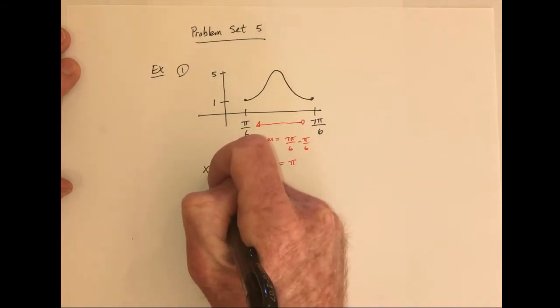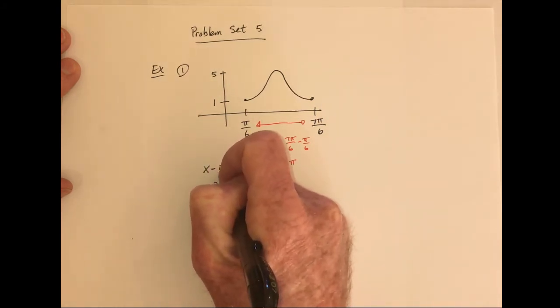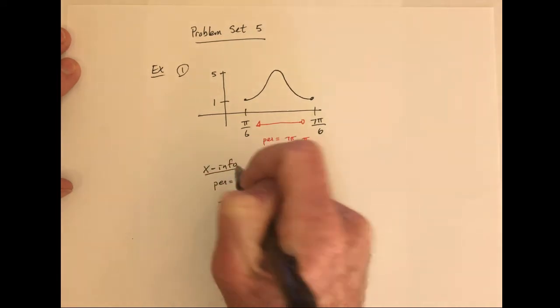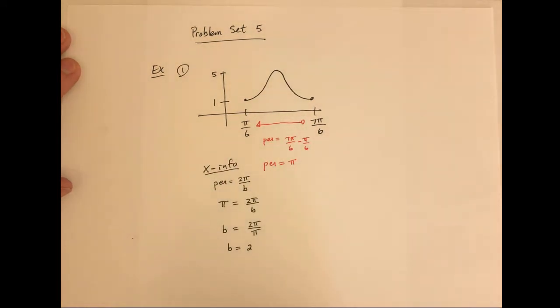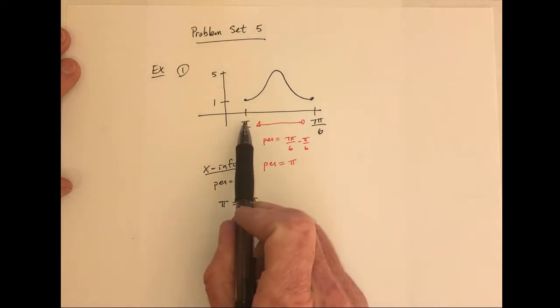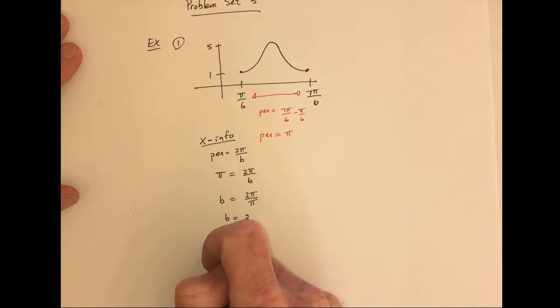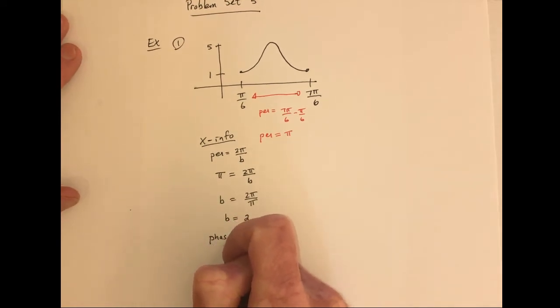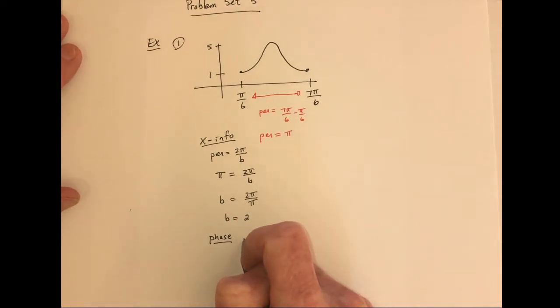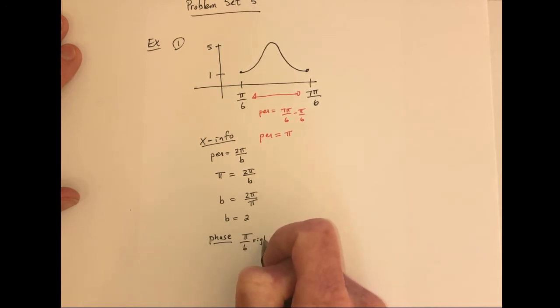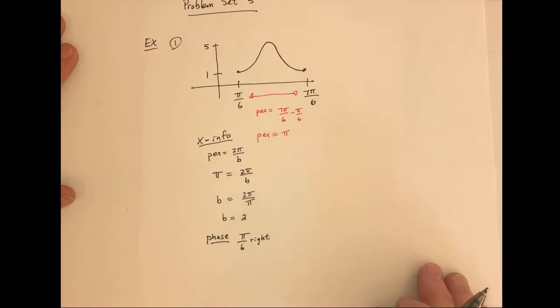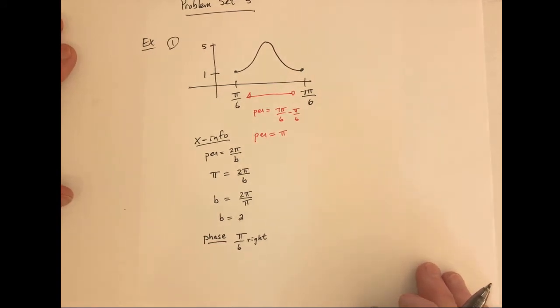So right now I'm working on just the x-axis, or the x information. Now the other x information is this got shifted to the right, so that's called the phase shift or the horizontal shift. And that is pi over 6, or to be a little more clear, pi over 6 to the right.